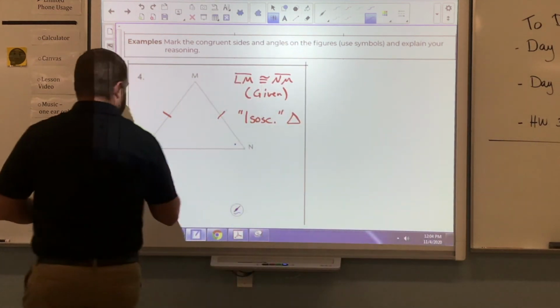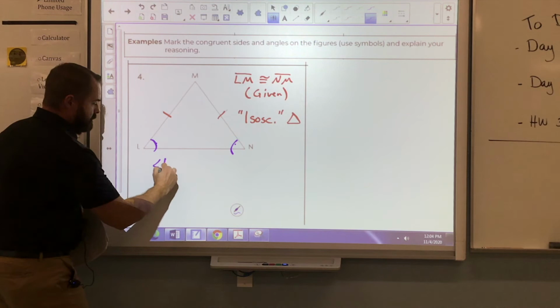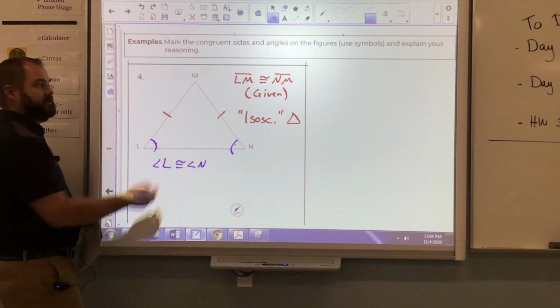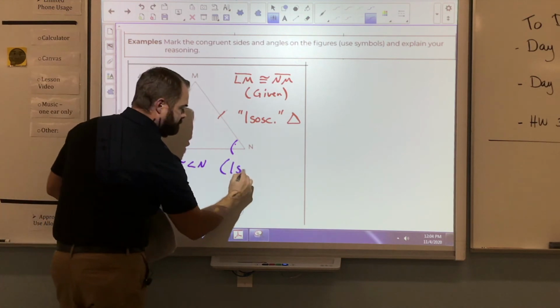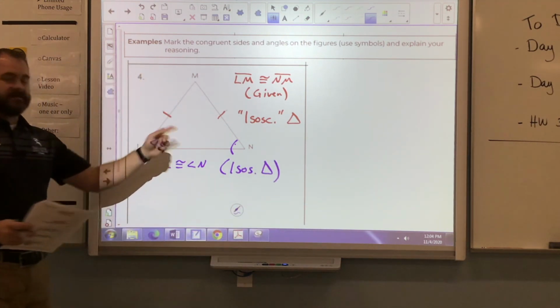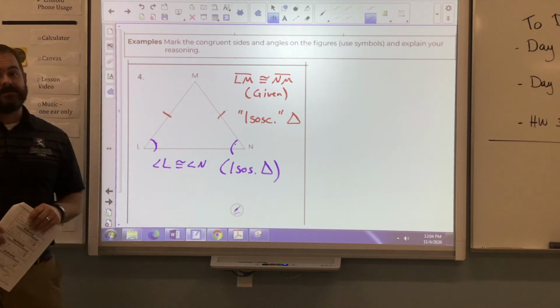Okay? So angle L is congruent to angle N because it's an isosceles triangle. In an isosceles triangle, the base angles are congruent. So you need to be able to recognize that also.